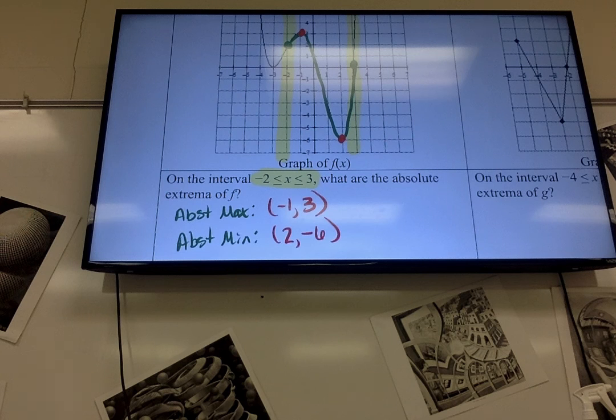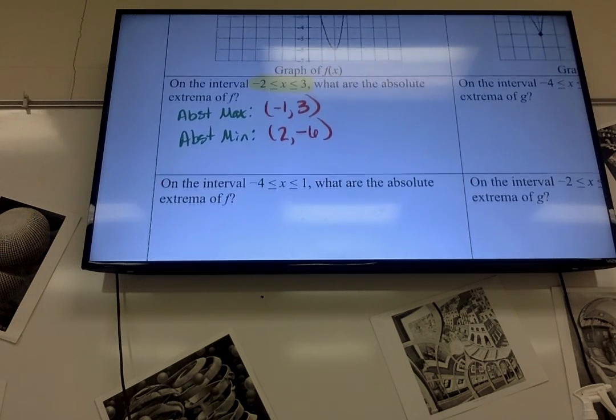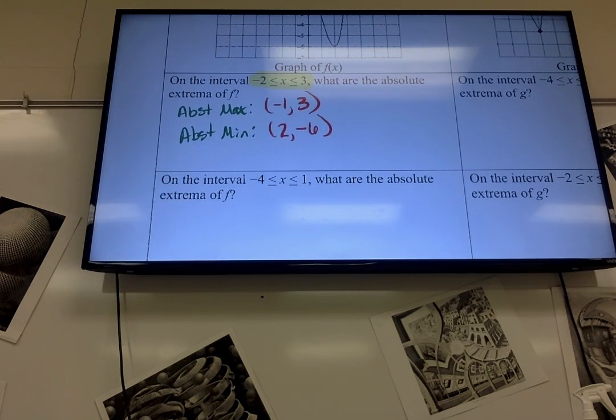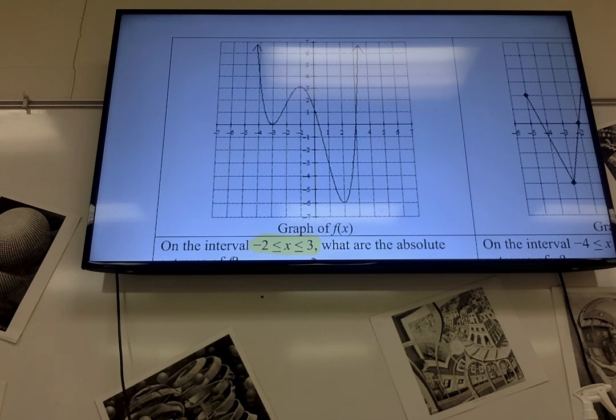Okay, so now I'm going to erase all that. Now we're looking at the interval from -4 to 1. So that's going to change some things. -4 to +1. So that's going to go from here to here.